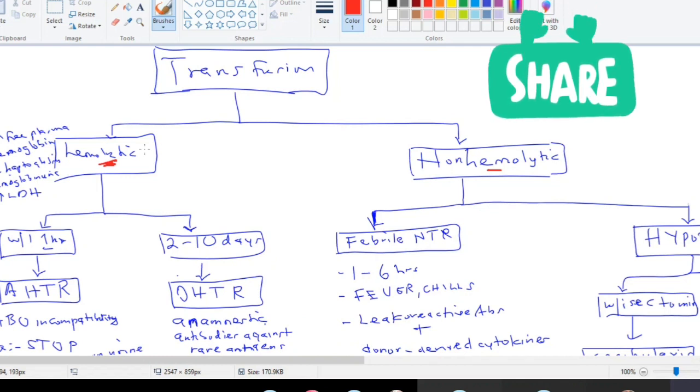So if you transfuse a patient with incompatible blood, especially for the ABO antigens, like a patient with blood group A getting blood group B red blood cells, they're going to have antibodies against B, and they can start developing destruction of those red blood cells within the blood vessels.